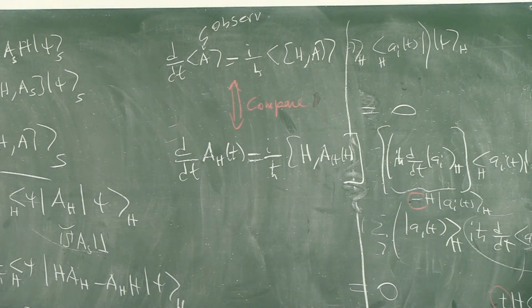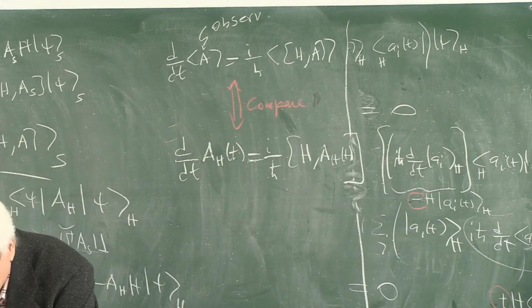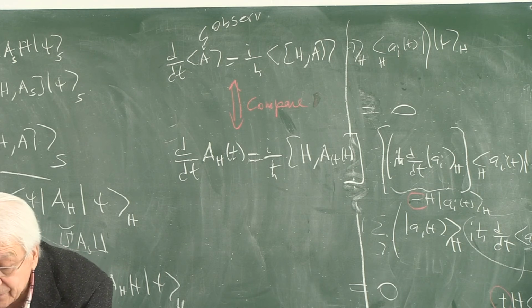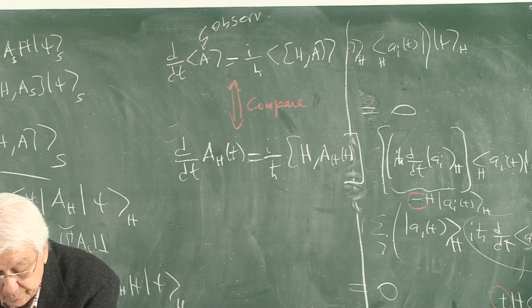But the analogy is amazing. The analogy between quantum theory and classical physics is made manifest, particularly at this equation of motion level, because that, in terms of the expectation values, is the classical analog, and the other one is, of course, quantum.